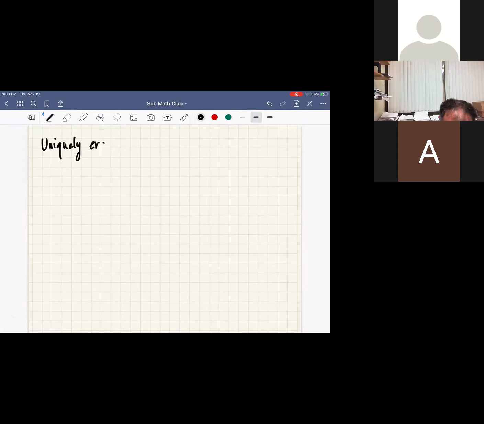So my system, or in this case, this interval exchange map, is uniquely ergodic if there is only one ergodic measure for T, this interval exchange map.